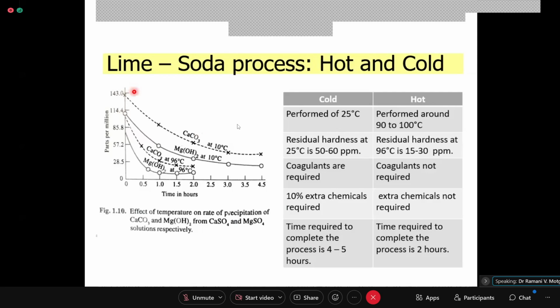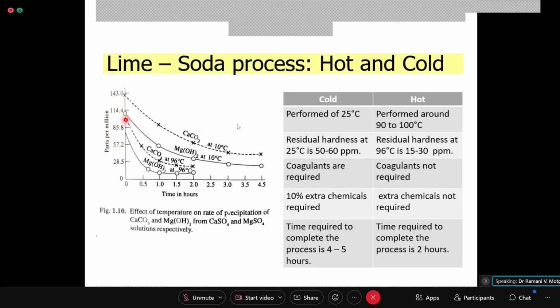The calcium carbonate at room temperature or at 10 degrees centigrade, the residual hardness is almost 50 to 60 ppm, right? And for magnesium hydroxide, it is little lesser. Magnesium hydroxide precipitates more, and you will find that the hardness is around 30 ppm. And it takes so much of time for its removal, 4.5 hours.